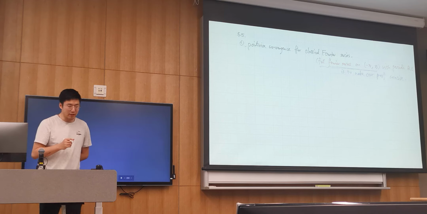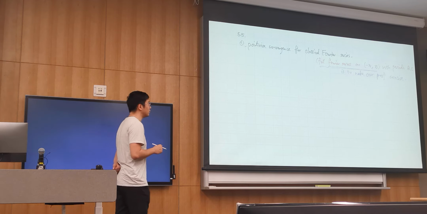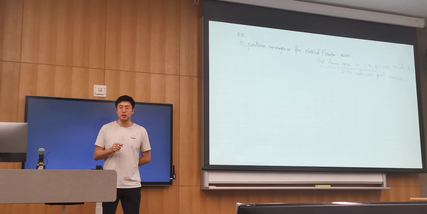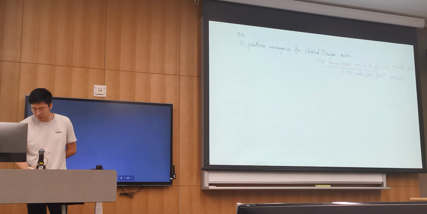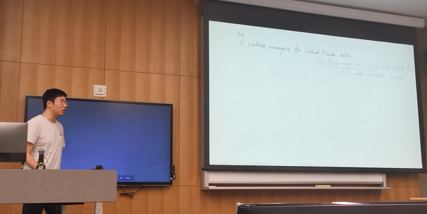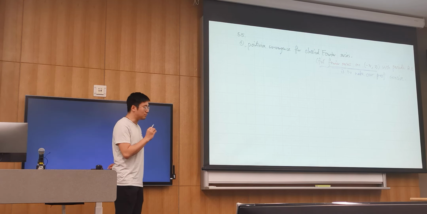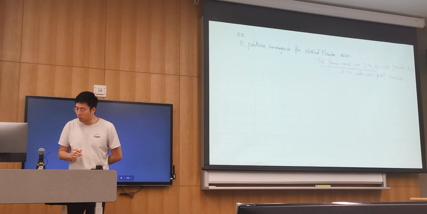Let me just use about 5 minutes to go through the most important steps, because the next topic that we're going to talk about, the proof for discontinuous functions, will be completely based on the proof that we presented last time. So what do we do?